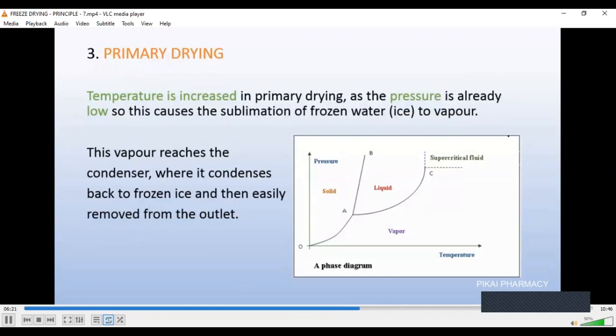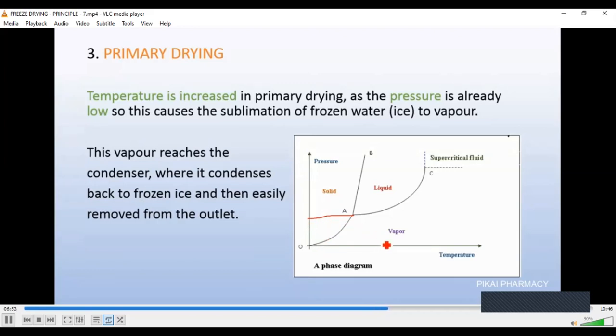Now in primary drying we have to increase the temperature inside the chamber. So what will happen due to this? Due to this, sublimation will occur. You can see there is a graph here. This graph is a pressure versus temperature graph, and this point is called the triple point. If we take the triple point as our reference and draw a line against the pressure, below this pressure, if we apply temperature, the solid will convert to the vapor phase.